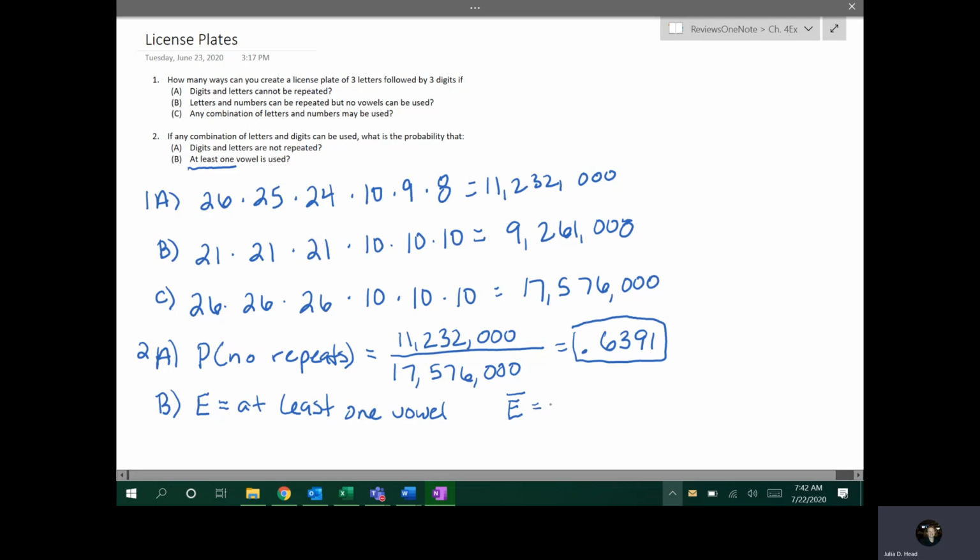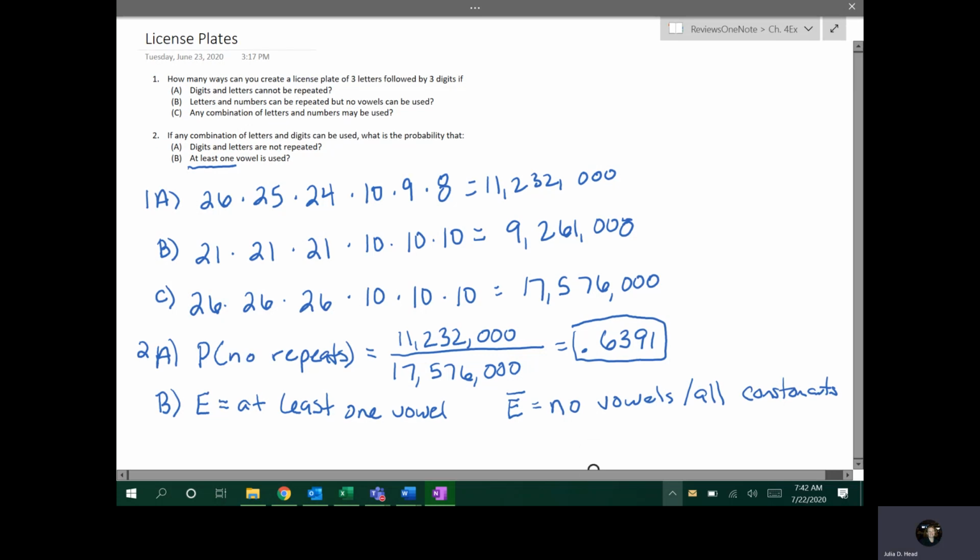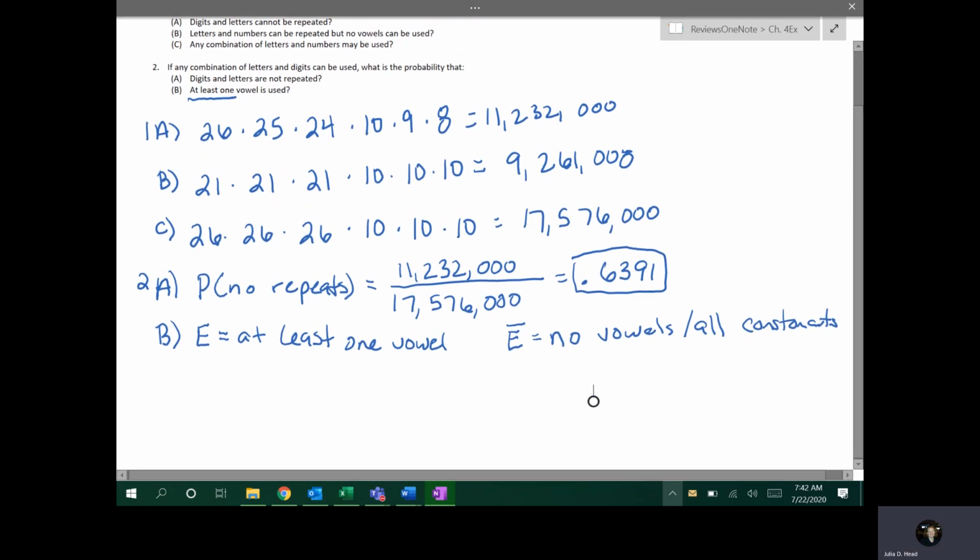The opposite of at least one vowel, you can think about it as two ways. It either means no vowels or it means all consonants. And the reason that's important is that is substantially easier to calculate than the probability of E.